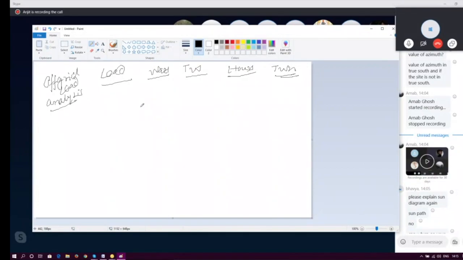We are taking a tube light, or I am writing it as light load, of 20 watt. Sorry, we also need to take the number. So we are taking 4 tube lights of 20 watt, and let's say it operates for nearly 18 hours a day. Next we are taking a fan load, 2 fans of 100 watt, and let's say it operates nearly 20 hours a day.